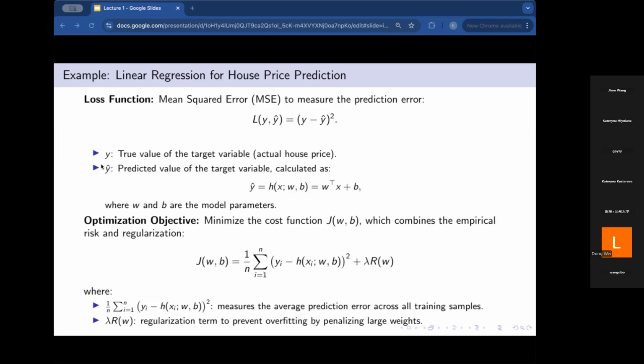Our optimization objective is to minimize the cost function J of W and B, which combines both empirical risk and this term we call regularization. The cost function is given by 1 over n times the summation for i from 1 to n of the squared difference between yi and h of xi, w, and b, plus lambda times the norm of w.